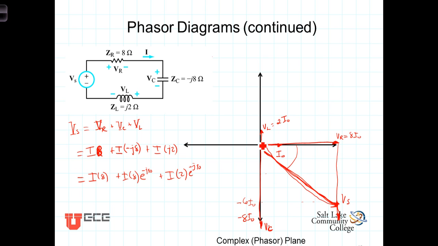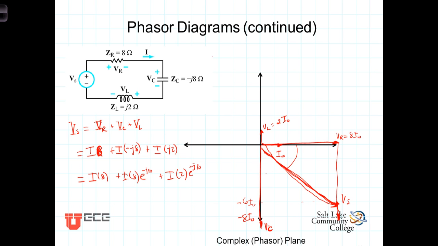By drawing in V sub l, V sub r, and V sub c, and then adding them tip to tail, we can see the relative length and phase of the source to the voltage across the resistor, which is in phase with the current, the inductor, and the capacitor.